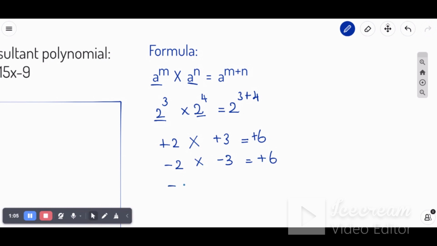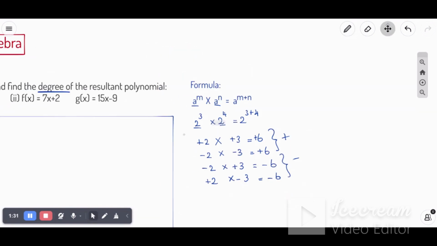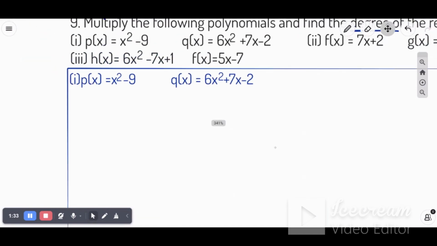And if you have a negative sign and a positive sign, minus 2 into 3, you will get a negative 6. And if you have a positive sign and then a negative sign, your answer will also be negative. Which means if both the signs are same, like signs, it will be positive, and if the signs are different, then you will get a negative. Do remember this, okay? So let us move on to our first question.